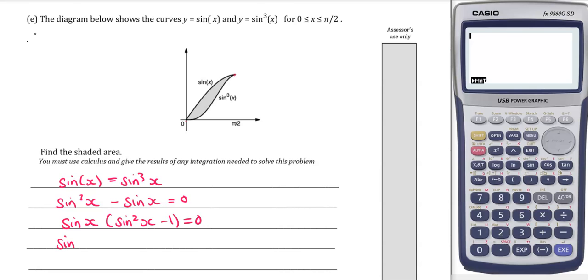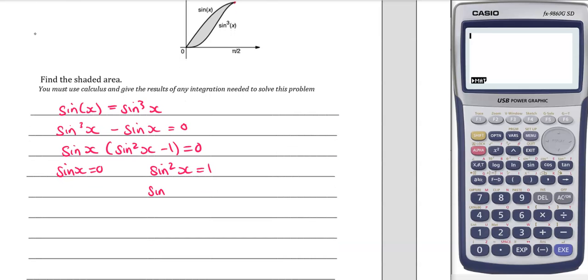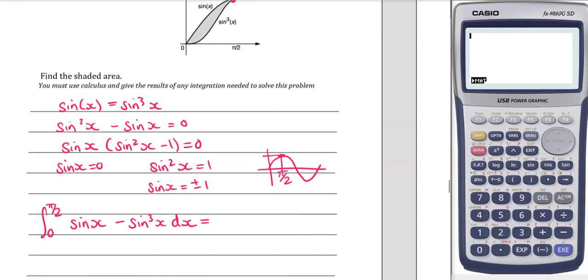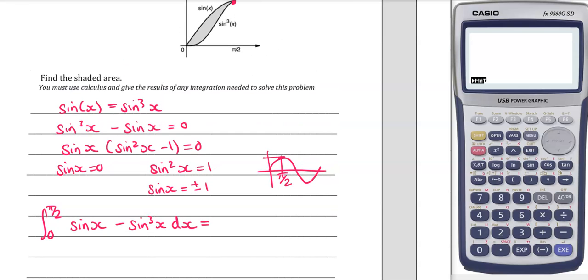So either sine x is 0, which is what gives us our first intersection point there, or sine squared x is 1, so sine x is plus or minus 1. And we're going to be looking for the first possible solution because it's our first intersection point between those two curves. So that'll be when sine x is equal to 1. We know that that happens at pi by 2. So then we're integrating between 0 and pi by 2 of the top function sine x, take away the bottom function sine cubed x.